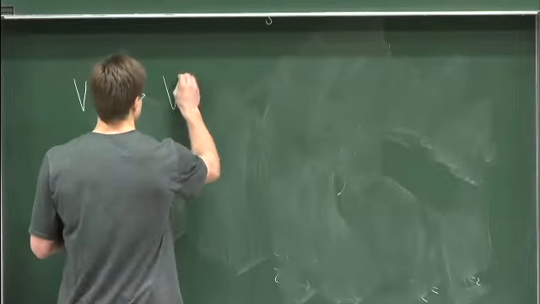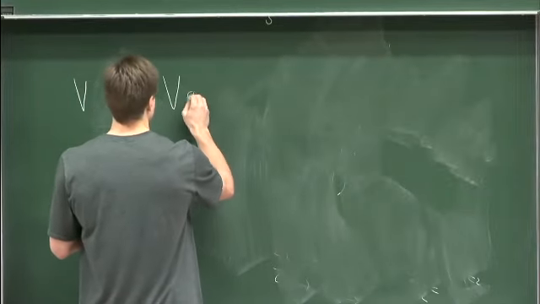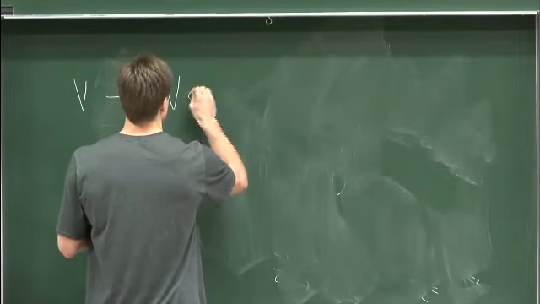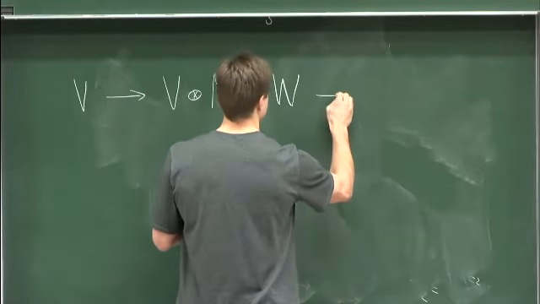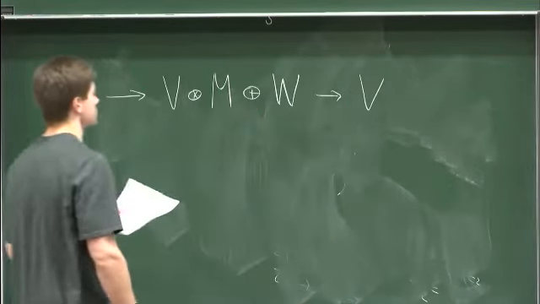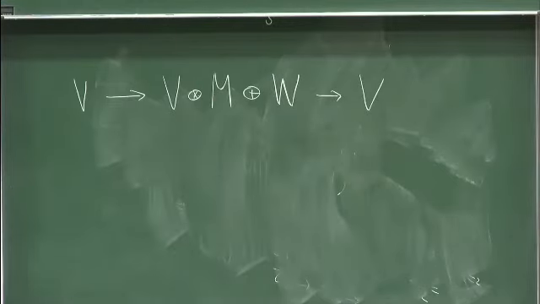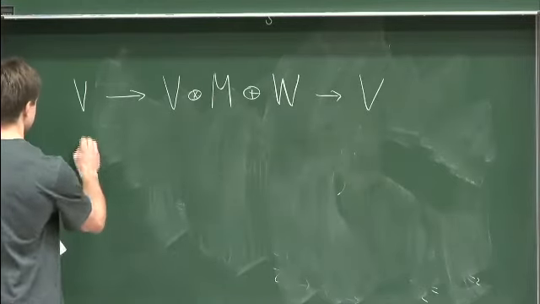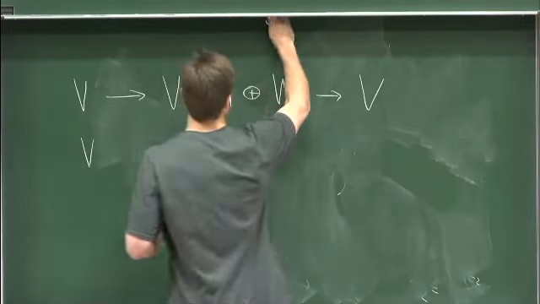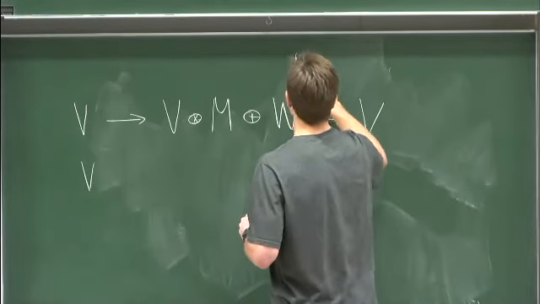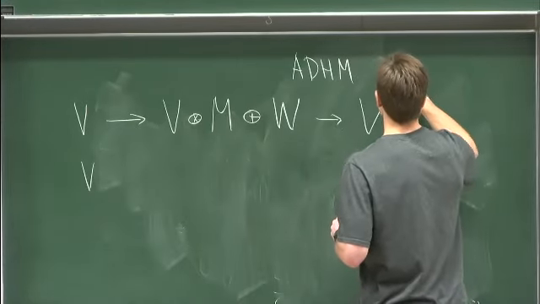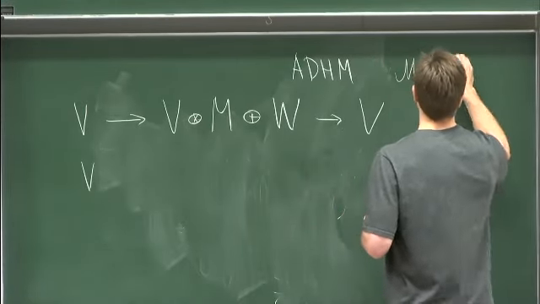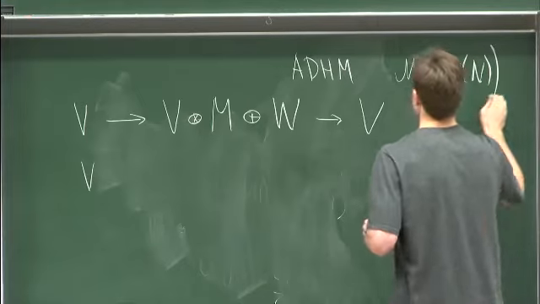I will remind you how it goes, to compute those Euler classes. So here I'm writing down the ADHM data for the instanton moduli space M_k of the U(N) gauge group.